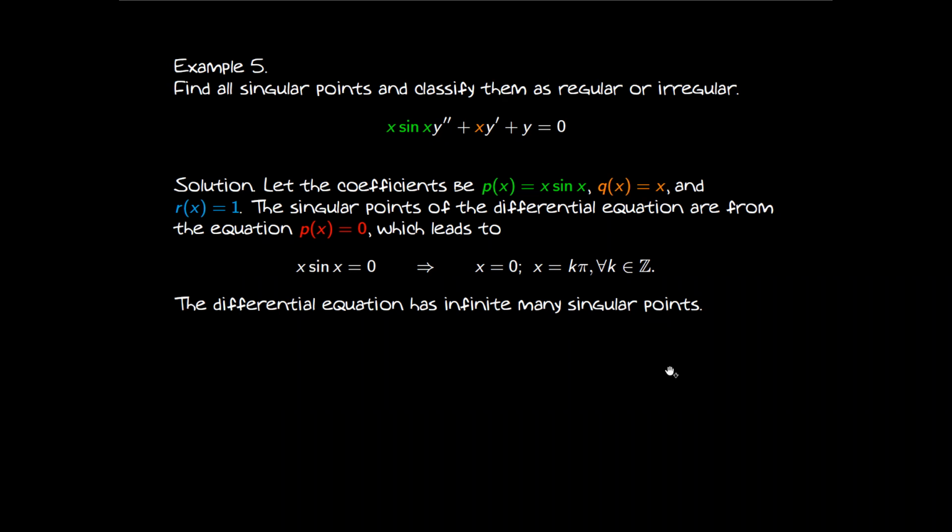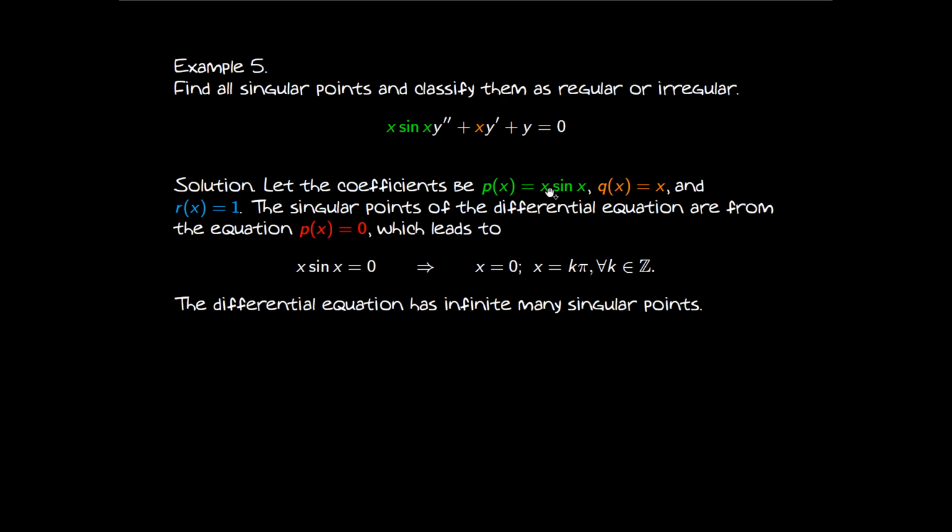Okay, now when we check out the singular points, although the second case contains the 0 case, when you check the coefficients, you will say, well, there's still some difference.